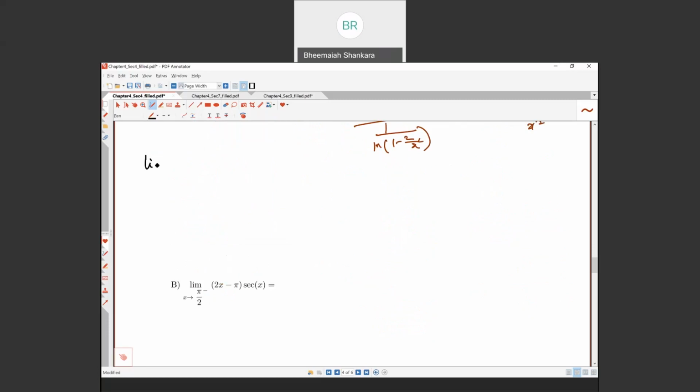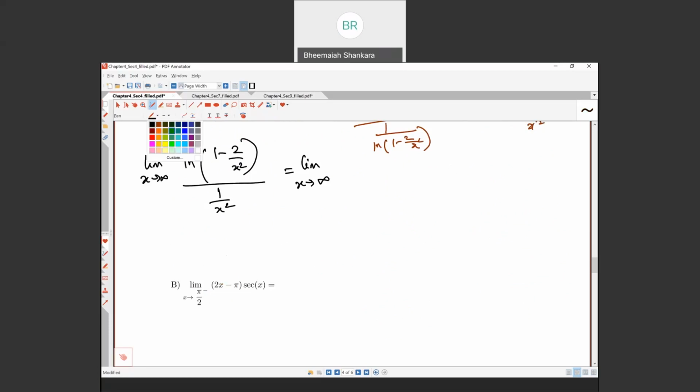Limit as x approaches infinity, ln of 1 minus 2 over x squared divided by 1 over x squared. You might want to plug in and check the value of the limit. The numerator is 0 when you plug in x equal to infinity. Plug in again, the denominator is 0. So you got a 0 over 0 form.